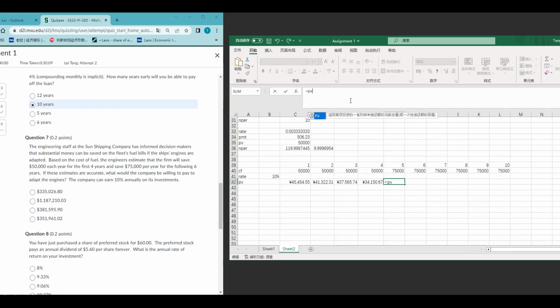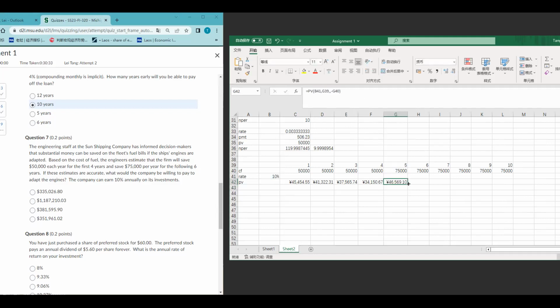Same thing, use the PV function. The rate is 10%. And from year 5, first year, the PMT is 0, FV is here. Just the negative. Okay. Use the Excel automatically to calculate.